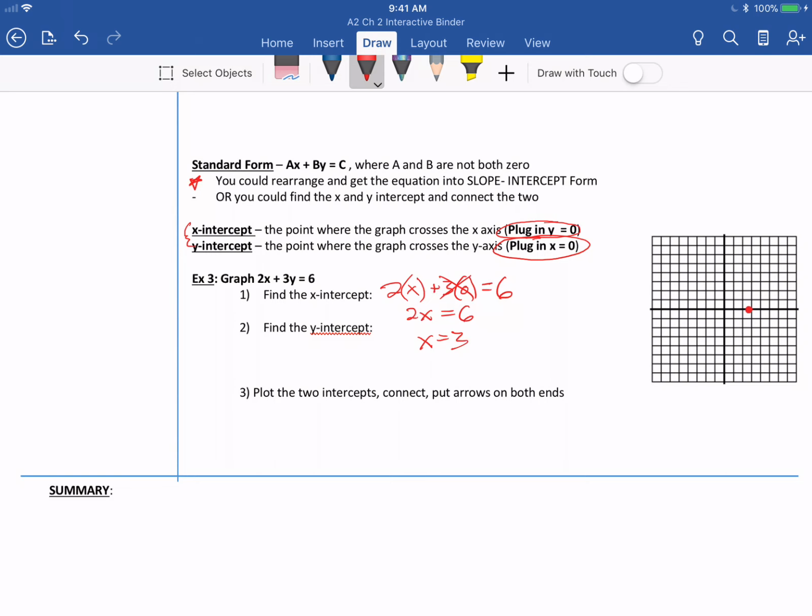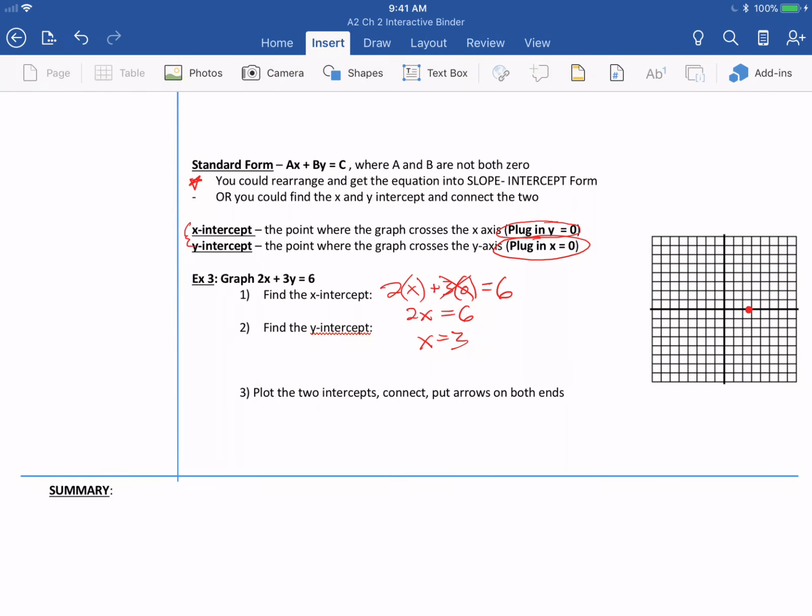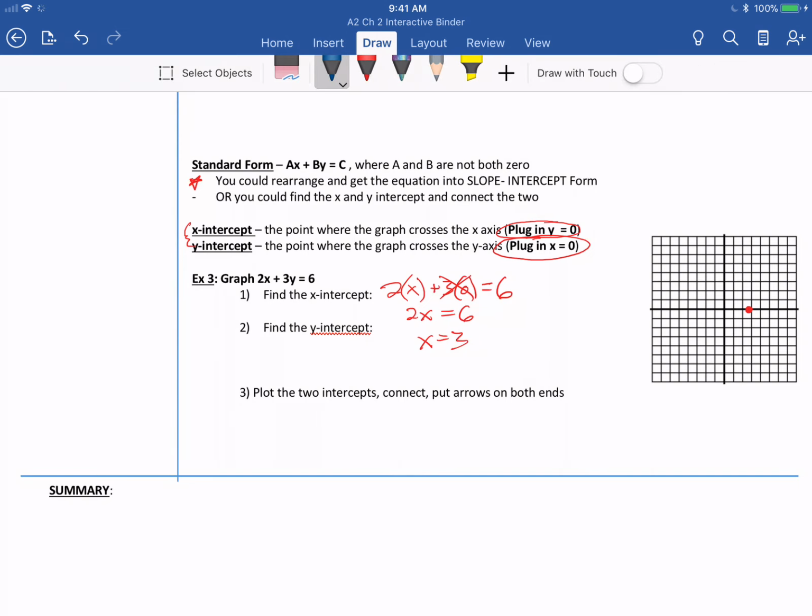And then now for my y, I have 2 times 0 plus 3y equals 6. So this guy cancels out, so I have 3y is equal to 6, and then I get y is equal to 2. So I get positive 2 there for that one. Then you can just go through, connect those 2 points, and then that is your line.